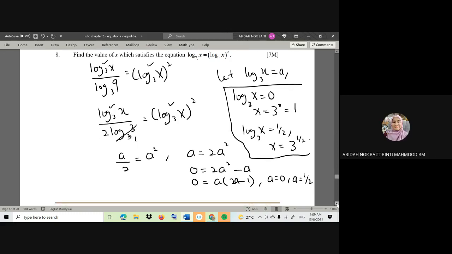Madam, ya. Log x to the power of 2 tu, memang kalau split kan memang log x dalam kurungan dalam auto log x lagi lah. Ya, betul. 2 kali. Oh ya, tak boleh bawa ke depan. Tak boleh. Dia tak boleh. Sebab tu law of log number 3 dia tulis macam ni. Apa? Log B power A kan. So we get A log B kan.